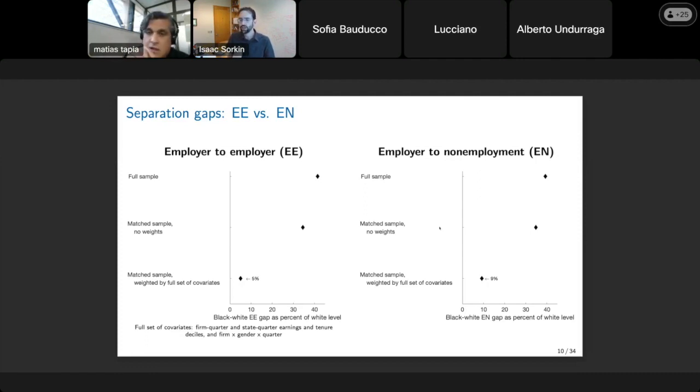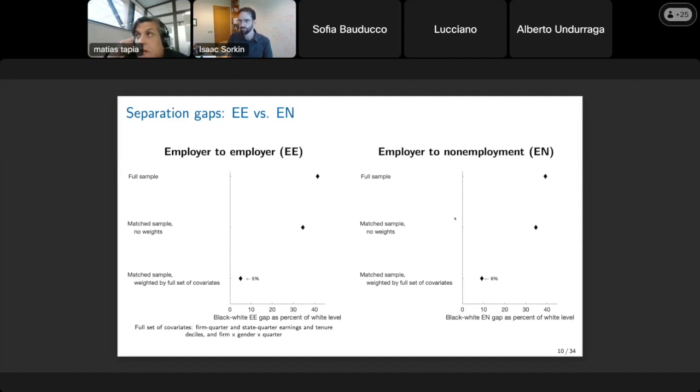I'll show you later that this matching works well, and that you're balanced on education as well. But I don't want to use that in the primary analysis because I lose so much of the sample. In the first part of the paper, I have an infinite sample. In the second part, I don't have a ton of sample, so I don't want to cut my sample.